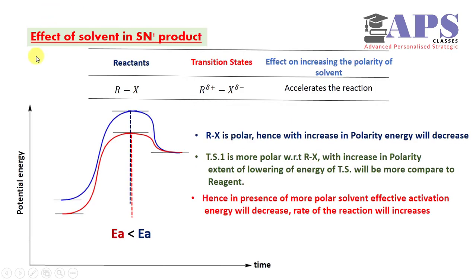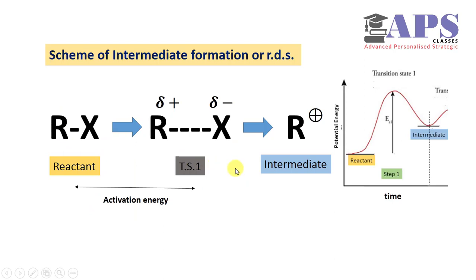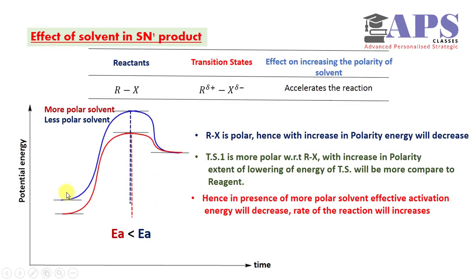In type 1 reaction, we have taken a leaving group which is neutral in nature, and this is the transition state. If we see the reaction scheme, we have discussed it earlier in this video, where we have seen that the energy between reactant and transition state will decrease with increase in polarity. Here the blue line is the reaction with less polar solvent, and the red line is the reaction with more polar solvent.